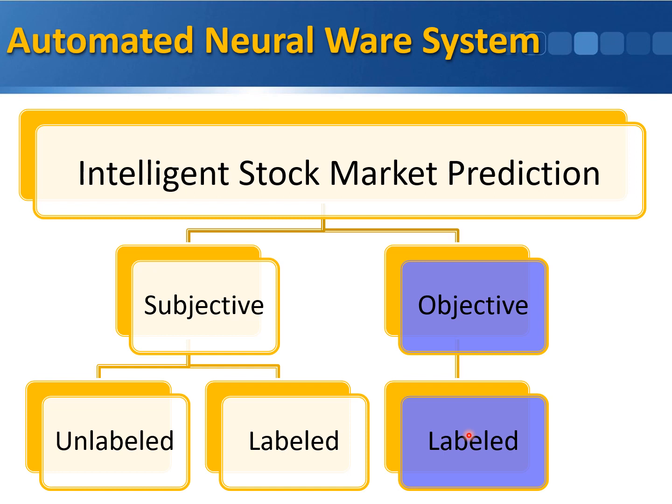In our case, I'm going to use 1750 pattern sets, historical pattern sets. But when it comes to subjective measurements, of course, we might have labeled as well as unlabeled, such as selection of the cabinet and prime ministers once in 4 years, known to everybody. Therefore, stock market falling and rising will depend on the type of cabinet to be appointed.